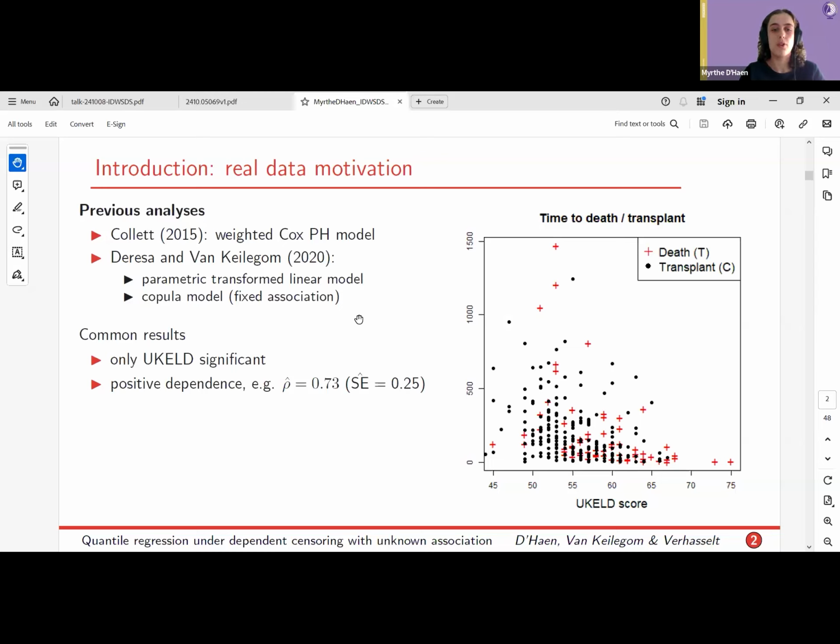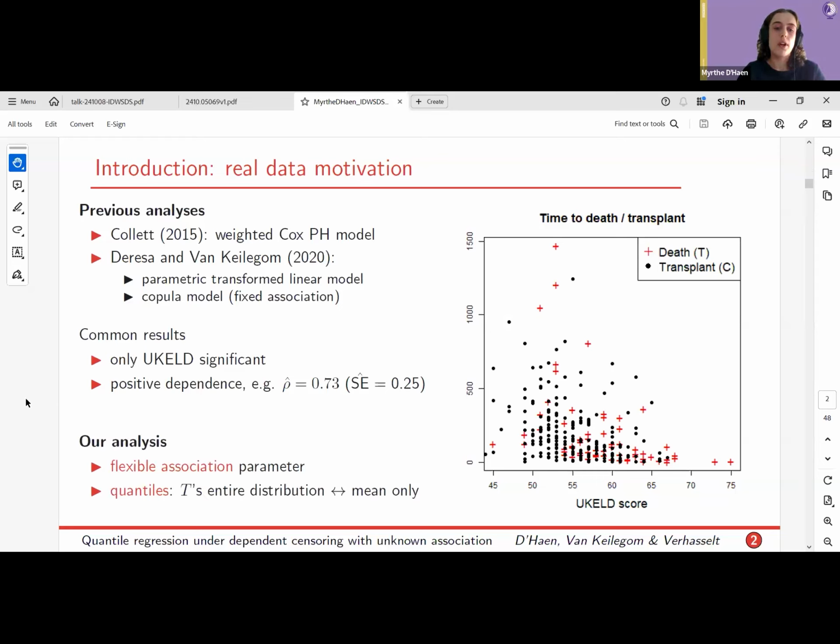Common results were that only the UKELD score turned out to be significant, and moreover, the dependence was indeed positive, as they expected. For instance, the correlation was estimated to be about 0.7. So that's a really strong correlation that should indeed be taken into account when analyzing this data. So it cannot just be ignored.